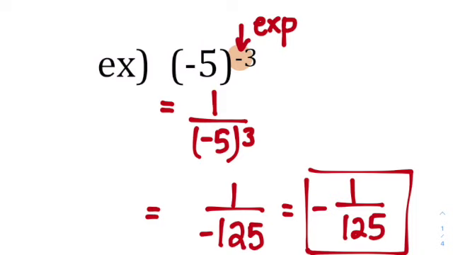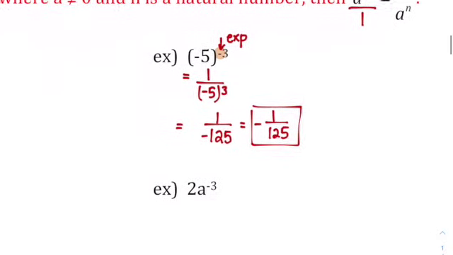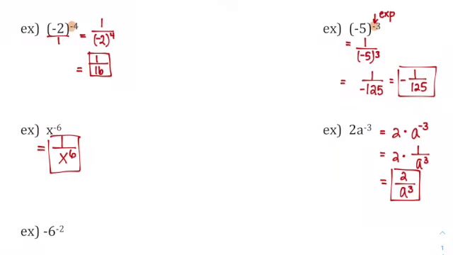So the answer, you can write it as 1 over negative 125, or negative 1 over 125. Either one I will take. Try the next couple and see if you get the same answer. Pause the video. Please double check your answer.